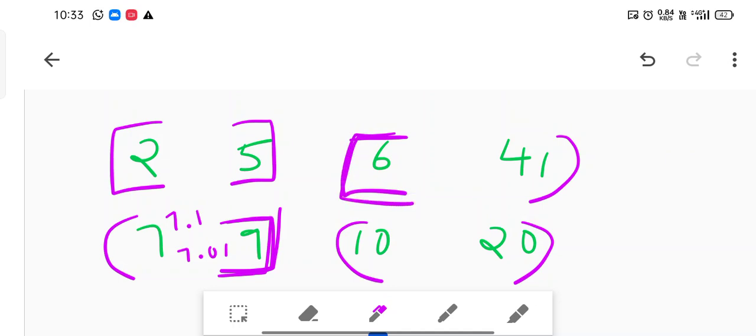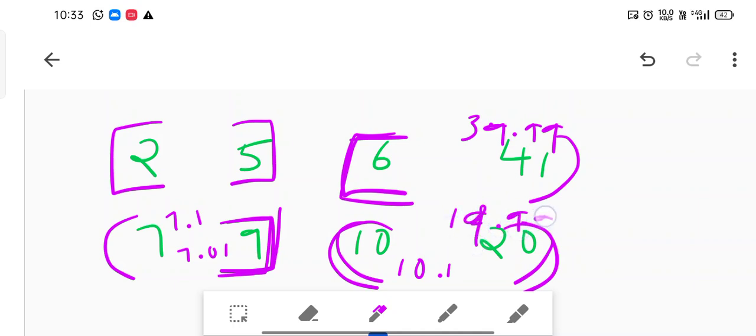Also I can't write 41.01, and 41 I can't write. I can write only up to 39.9, otherwise 39.99. Similarly here I can't write both the limits. I can write from 10.1 to 19.99.